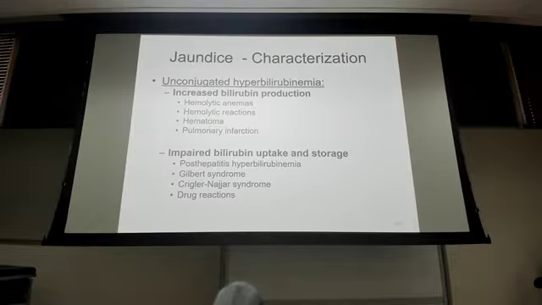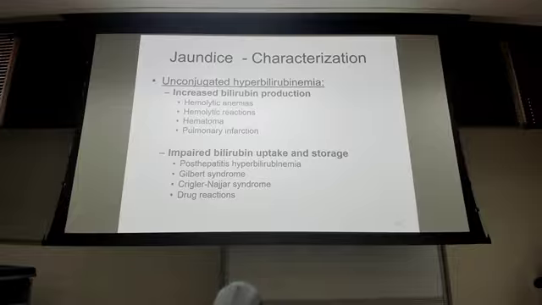There's a couple of syndromes here, the Gilbert and the Crigler-Najjar syndrome. Both of those are benign genetic liver disorders, but in the case of Gilbert syndrome, the liver just processes the bilirubin slower due to that benign genetic liver issue.